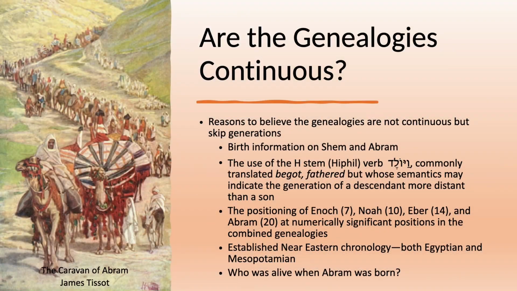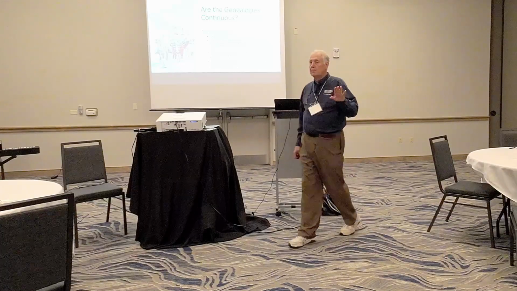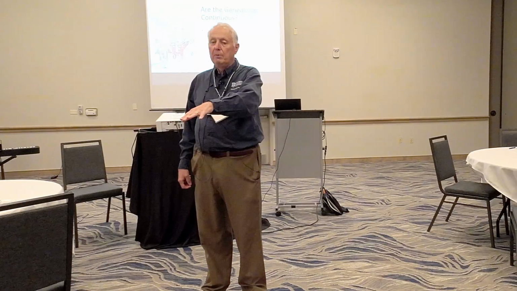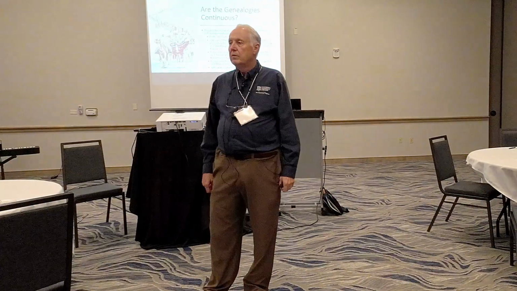Okay, the positioning of Enoch, Noah, Eber, and Abram in the numerically significant positions in the combined genealogies. 7 and 10, the 2 most important numbers in the Pentateuch. Not just 7 days of creation, not just God's going to punish somebody if they kill Cain, with 7 times. 7's all over the place.